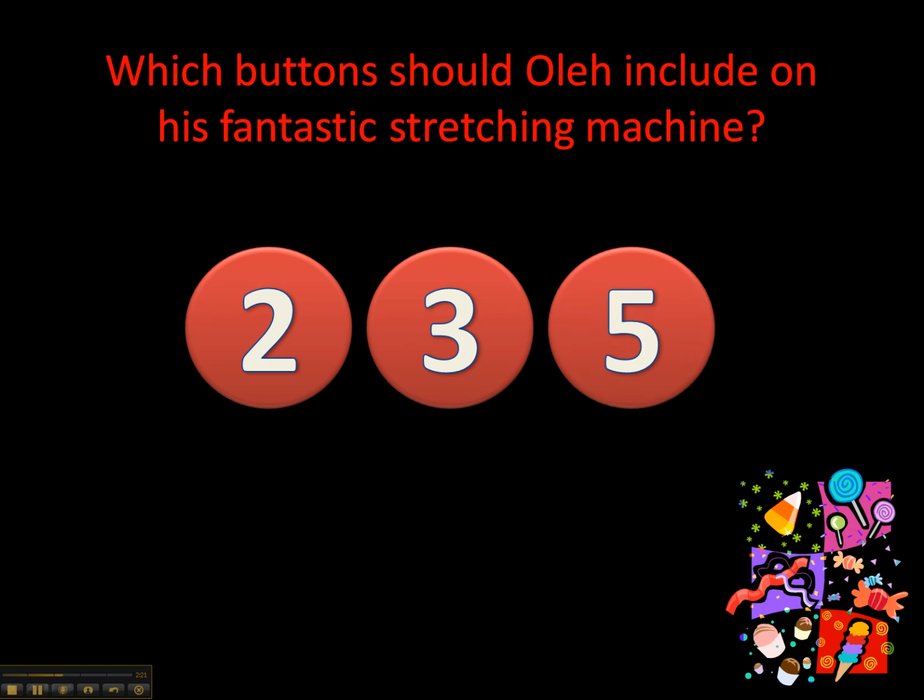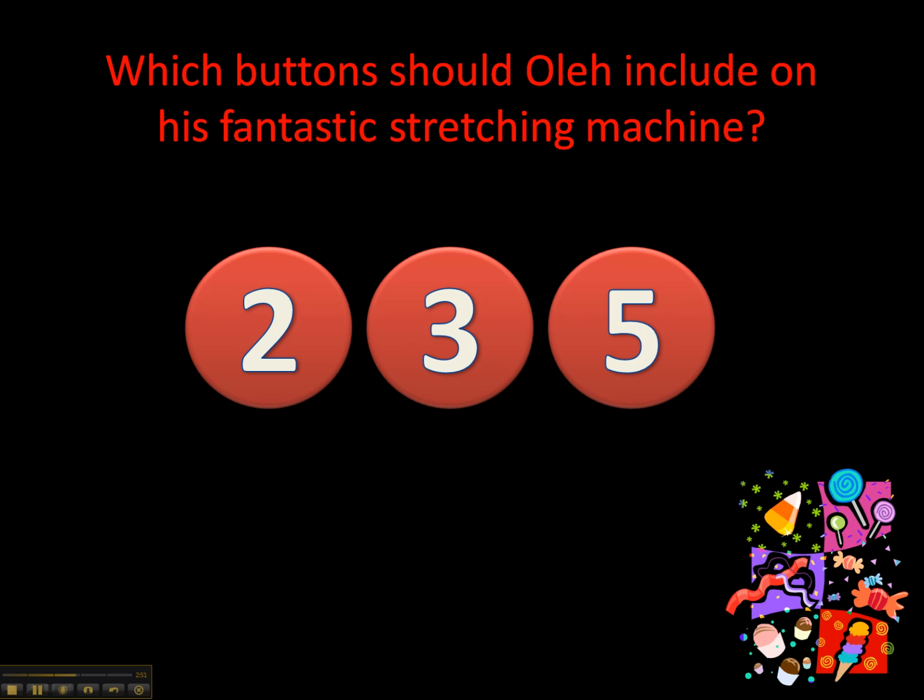Now just to give one more example, if he had 3 buttons on this machine and pressed 2, 3, then 5, it would stretch it 2 times 3 times 5 times its original length. So 2 times 3 is 6, and 6 times 5 is 30, so that's 30 times the original length of the licorice.